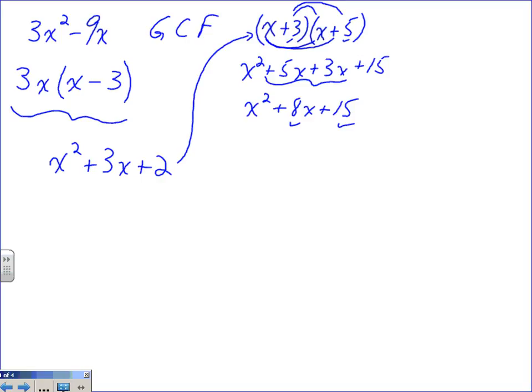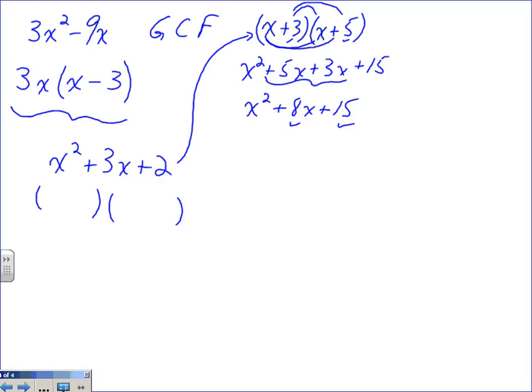So what parenthesis times what parenthesis will give me x squared plus 3x plus 2? Let's take a look. The first thing I'm going to do is put my two parentheses. Every problem we're going to have is going to look like this for factoring.